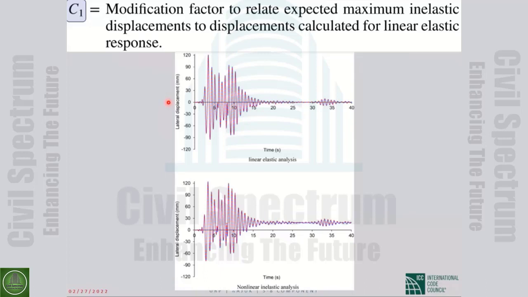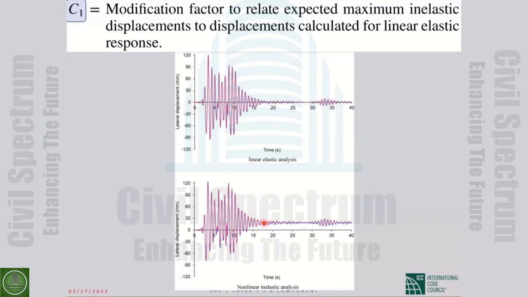there have been different answers. For example, look at this. This is the lateral displacement of the top of the building in the earthquake, when we did linear elastic analysis and when we did nonlinear.